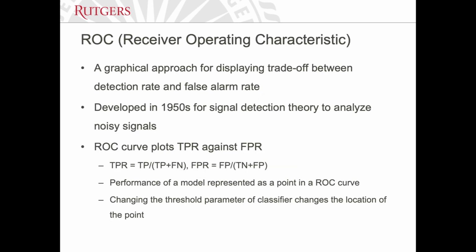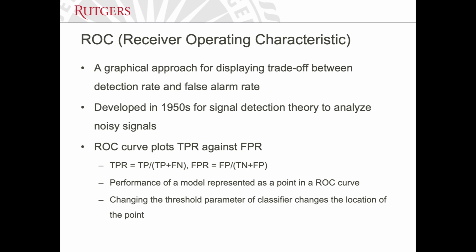Sometimes we use the ROC curve, receiver operating characteristic, to measure the performance of a classifier. The ROC curve is a graphical approach for displaying the trade-off between the true positive rate and the false positive rate of a classifier.